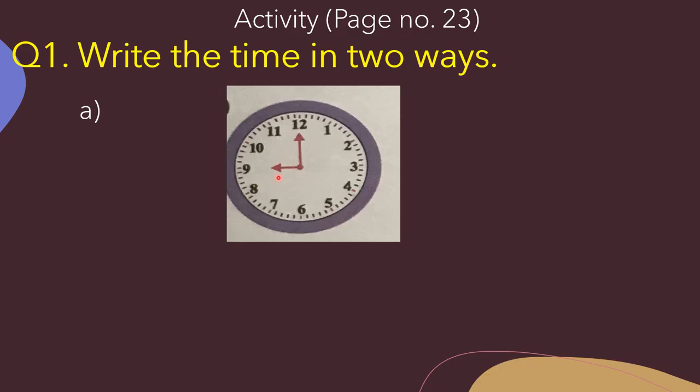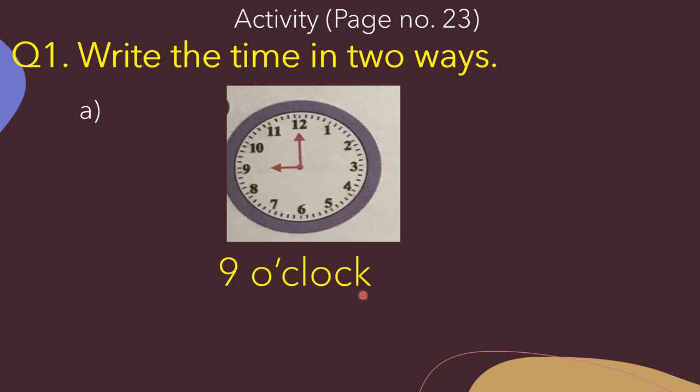Here you can see that the minute hand, the long hand, is at 12 and the hour hand is at 9. I told you earlier that when the minute hand is at 12, the time is o'clock, and the hour hand is at 9, so the time is 9 o'clock. So here we will write 9 o'clock.